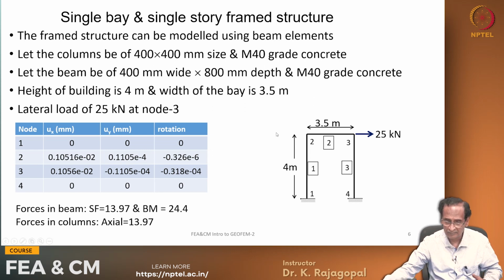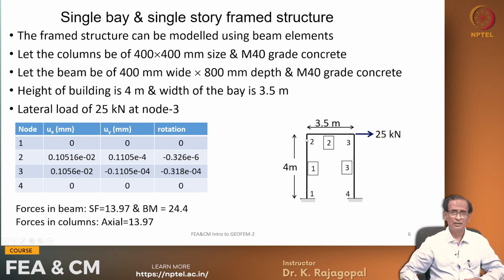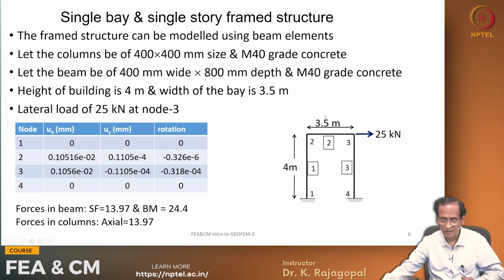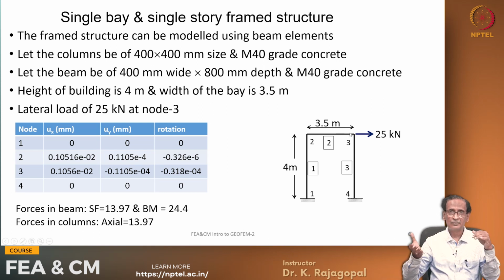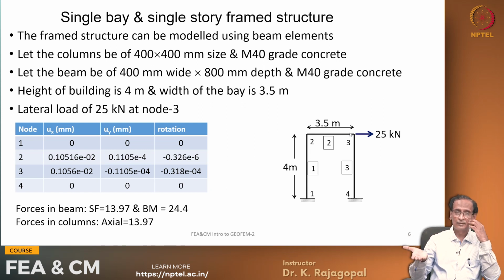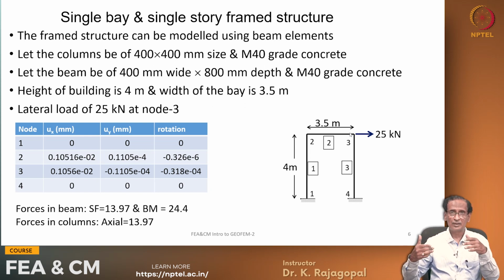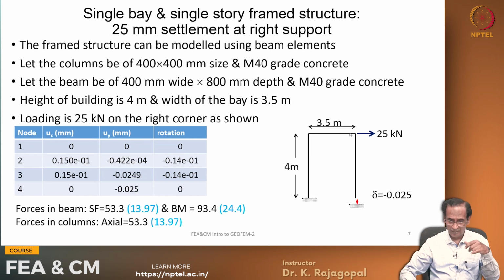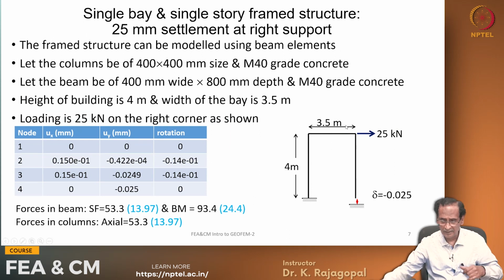But here it is a statically indeterminate structure, and all the node points are rigidly connected. So if you subject a support to some deformations, then it will lead to some additional shear force and bending moment in the elements, and that is what we have seen.